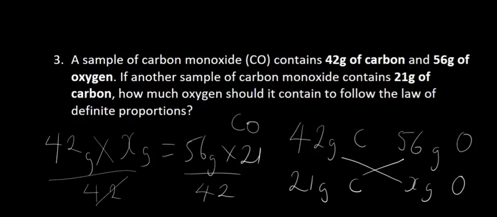So 42 grams will cancel 42 grams. You're now left with 56 times 21 divided by 42. What will that give you? That will give you exactly 28 grams of oxygen.